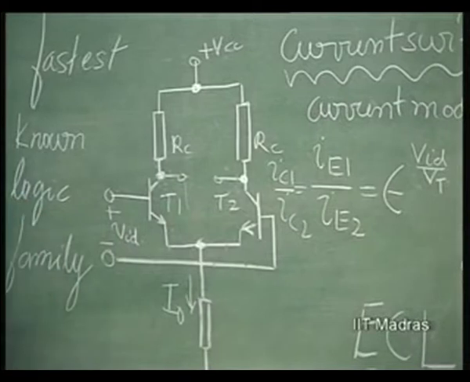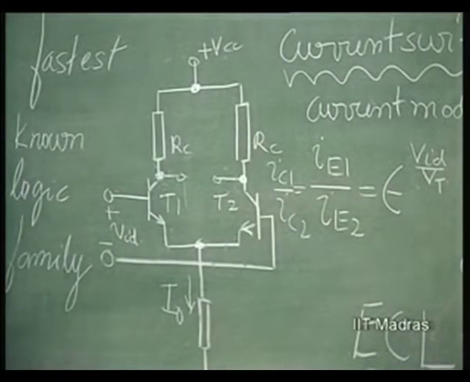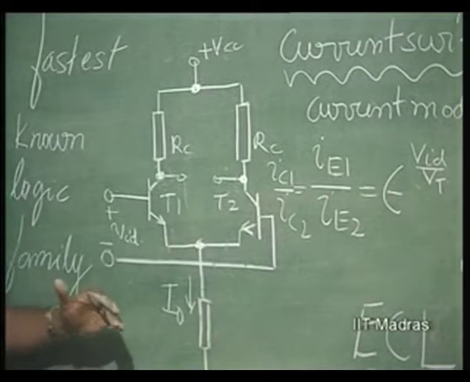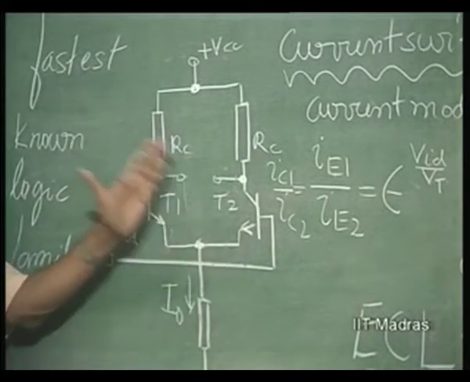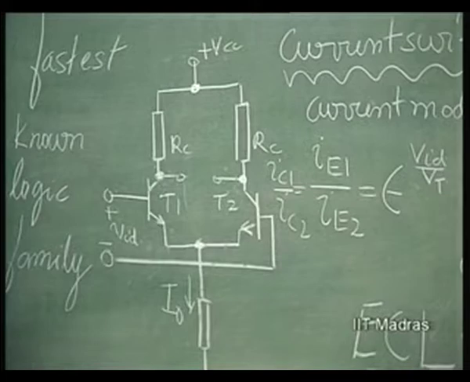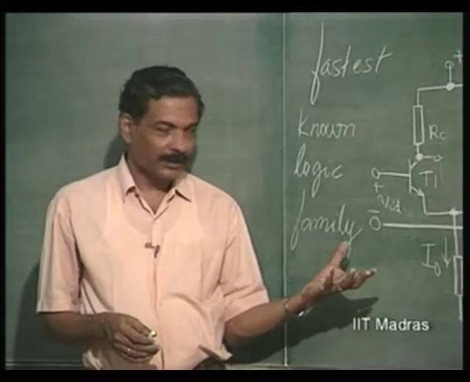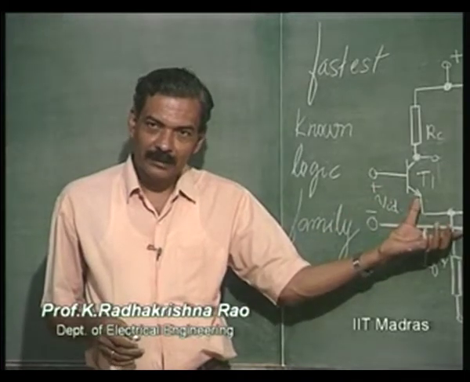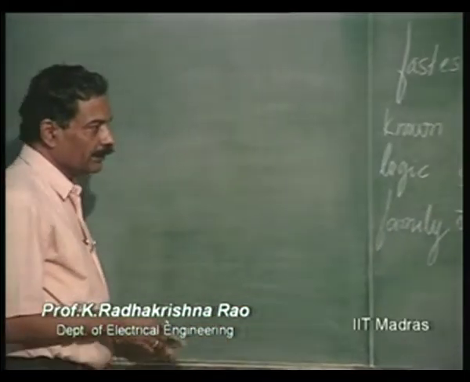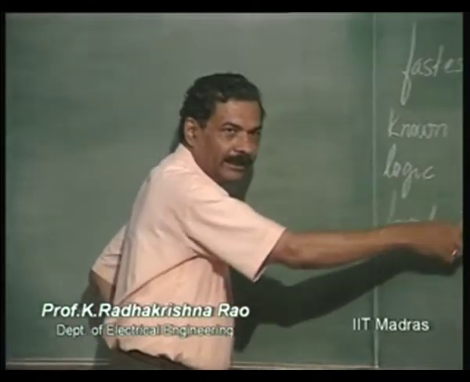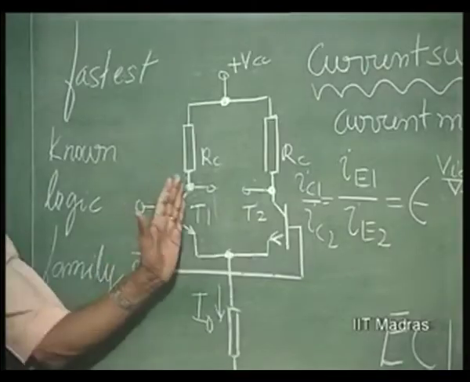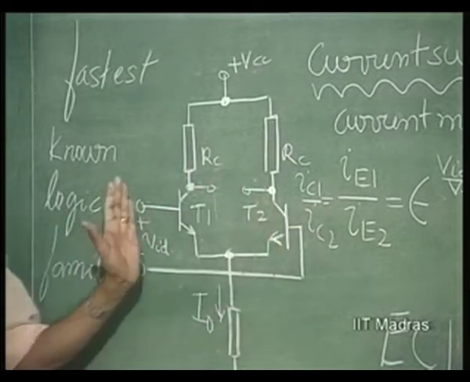Let us investigate this. How much voltage is needed at the input in order to switch the current totally from one transistor to the other? This is an important aspect of finding out the drive requirement for such logic families. So, the question is, what is the VID required to take the current from one transistor to the other and vice versa?